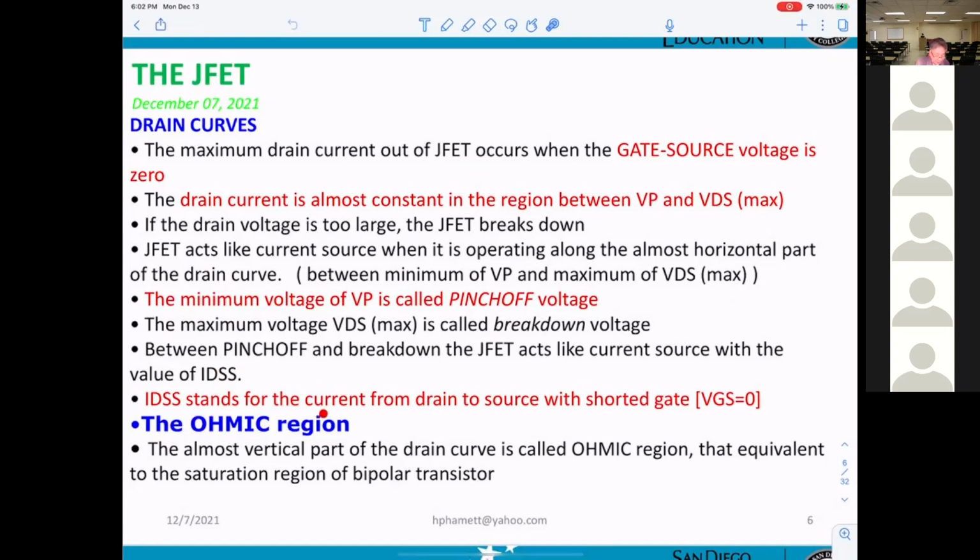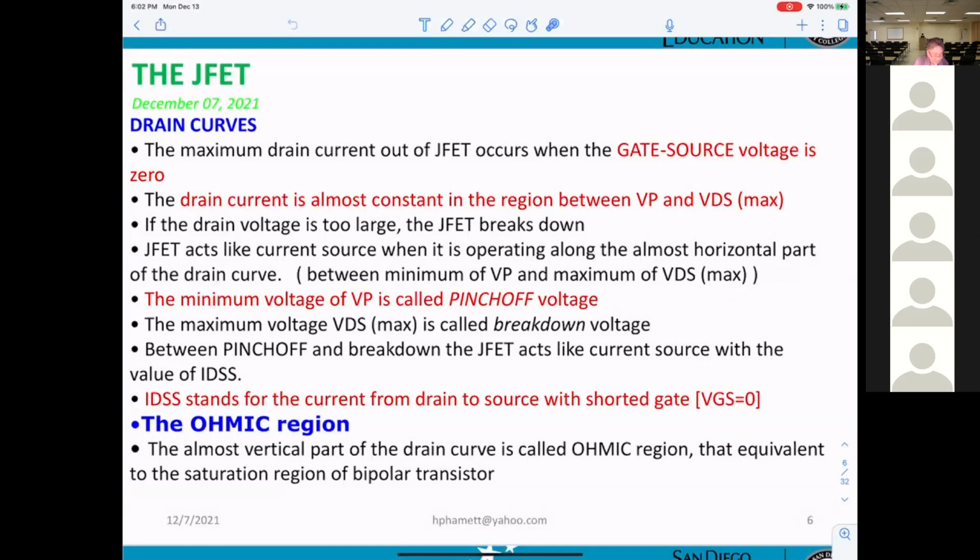IDSS stands for the current from the drain to source with shorted gate, or VGS equal 0. That's what I'm asking you guys, basically based on the handout I gave. So that's why I said, you have to read over and over.